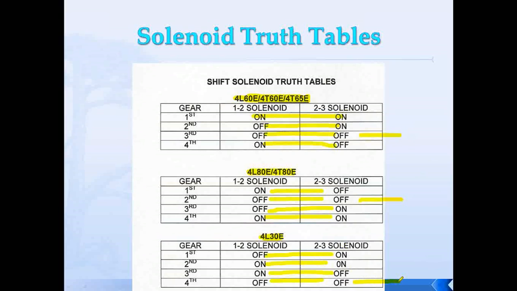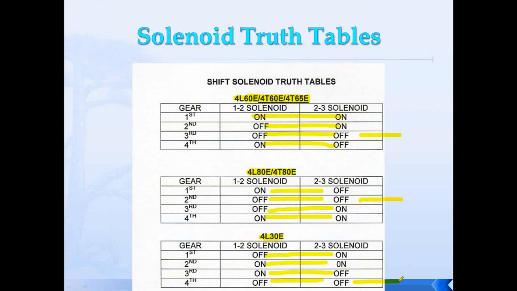If you're running this transmission in overdrive range, you're going to find that it will default to fourth gear. That doesn't mean that fourth gear is your only gear available, or third gear or second gear if we're talking about an L60 or an L80. What it boils down to, guys, is this: you have a manual override with your manual valve. So if you want to slide the shift lever into a different range, you can manually override on several of these applications.